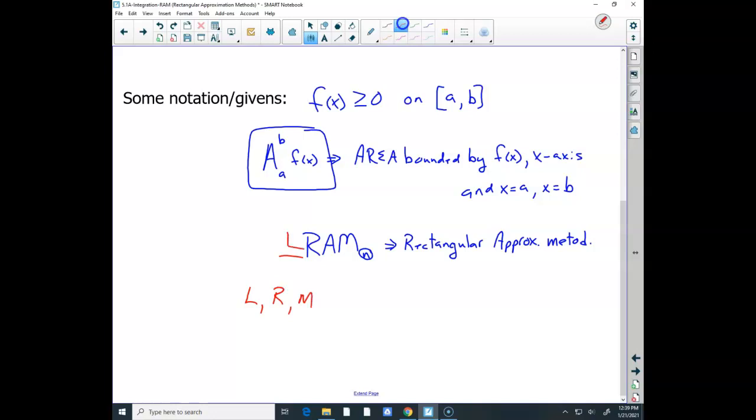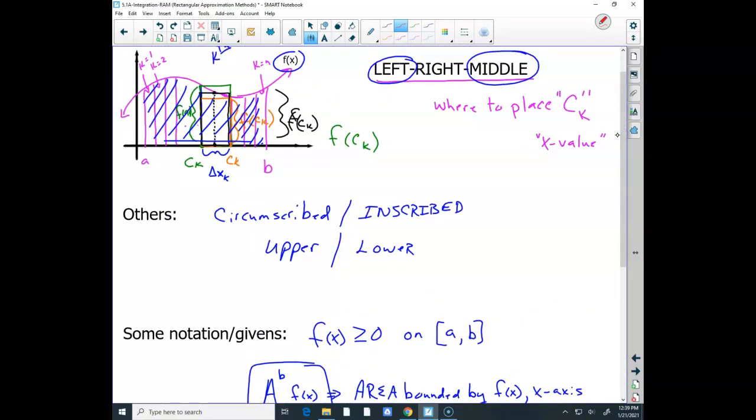So if it's a left RAM, that means you're using your left endpoint of each rectangle to make a rectangle. If it's a right RAM, that just means you're using the right side of that endpoint to make a rectangle to find the area. And if it's a mid RAM or an M RAM, that's saying use the midpoint of that interval to find the area of each rectangle and sum them up.